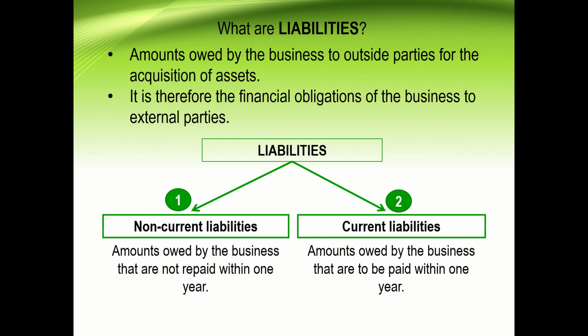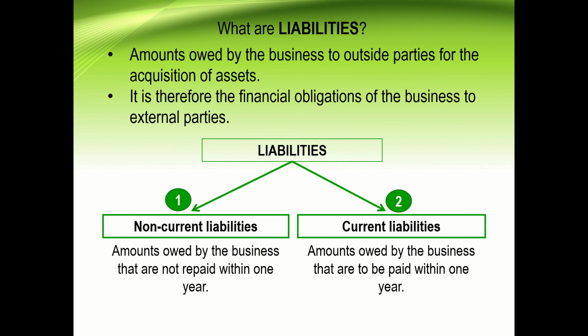There are two types of liability. One is non-current liability. Non-current liabilities are amounts owed by the business that are not repaid within 1 year. For example, long-term loan, mortgage on premises, and debentures.